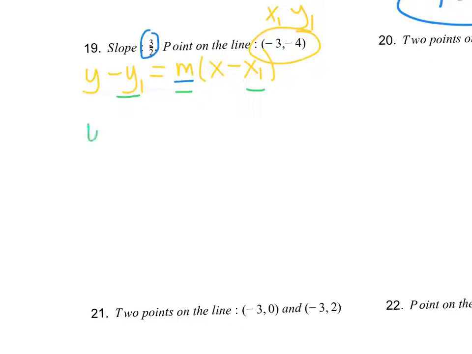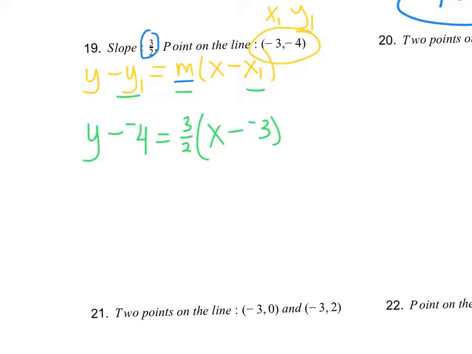So I have y minus, well, y1 is negative 4, so I have technically two negatives, y minus a negative 4, equals 3 halves times x minus x1, minus a negative 3. All right, so here, I'm now going to start to simplify this.